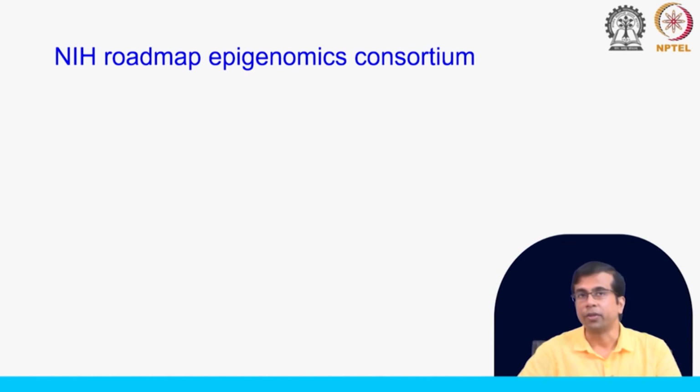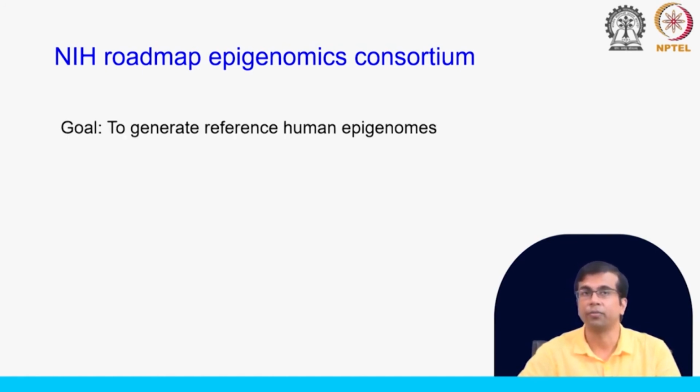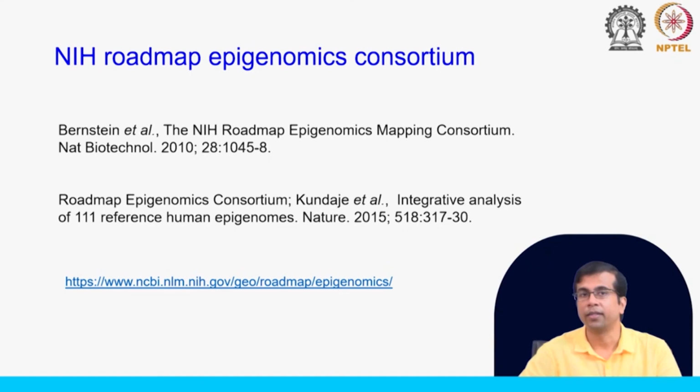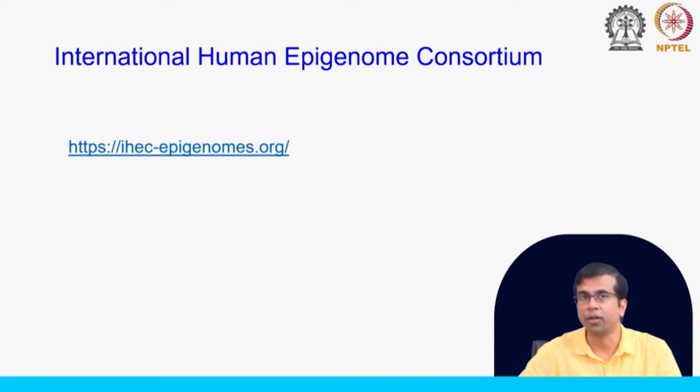Because of this importance, you will find different initiatives for looking at the epigenomes and generating reference epigenomes. This is one such initiative, and the goal is to generate reference human epigenomes. Here are some papers and the link for the data sets that are coming out of this initiative. It is called the NIH Roadmap Epigenomics Consortium. Please look it up.